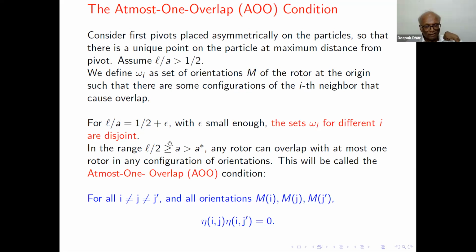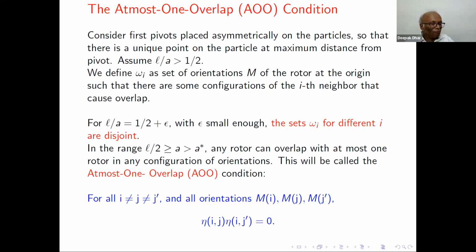So we say that there is a set omega-1 of directions which allow you to overlap with direction 1. And there is a range of spacings such that any rotor can overlap at most with one rotor in any configuration of orientations. So if this particle here can overlap with one here, it cannot overlap with the one here or there or there.